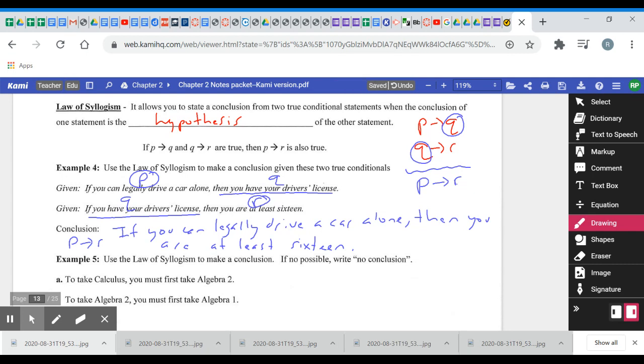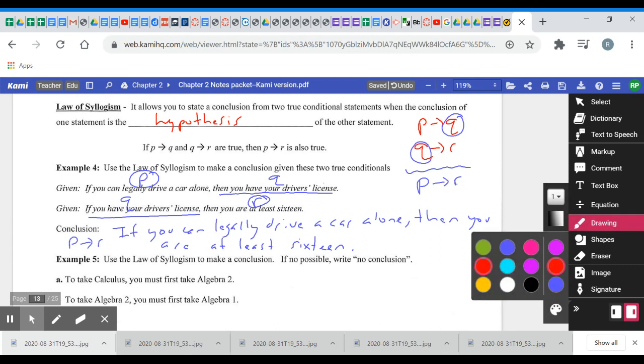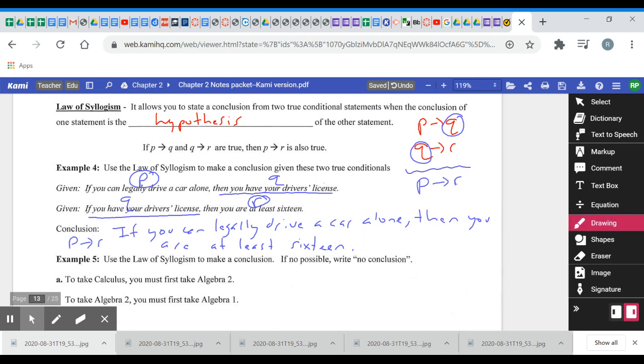Okay, and then on example 5, it says use the law of syllogism to make a conclusion. If not possible, write no conclusion. So it says to take calculus, P, you must first take algebra 2, Q. To take algebra 2, that's restating Q, you must first take algebra 1. That's some new information in our problem.